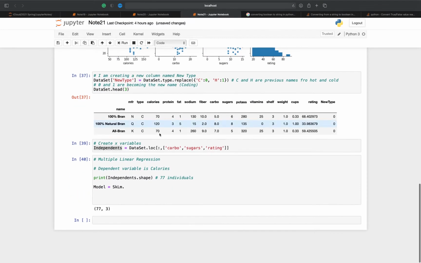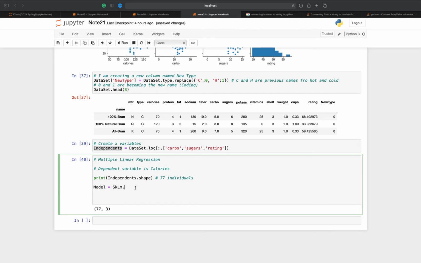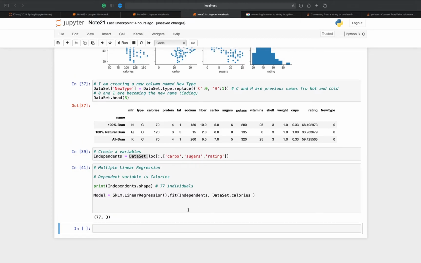And I'm going to get the linear regression from this package, and I'm going to feed the model, and the model will be based on X and the calories. Am I right? Okay, good.